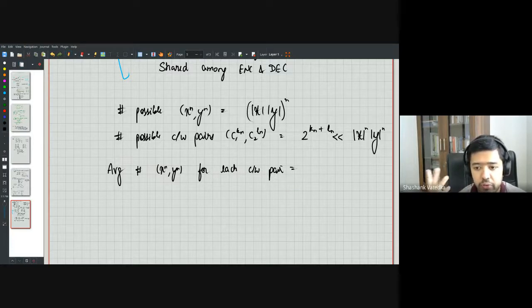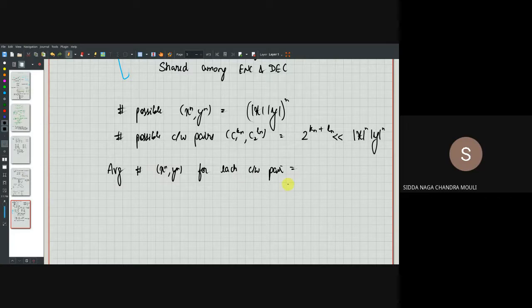The average number of sequences, or messages, which are mapped to a particular codeword pair. Sir, it's basically a ratio of codeword pairs by total possible x comma y.